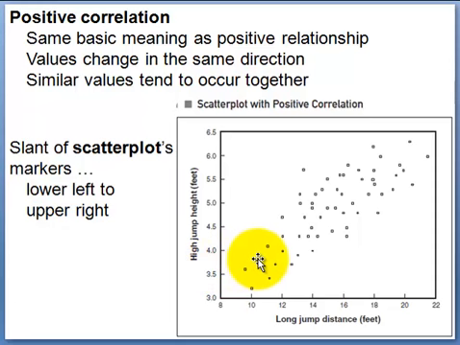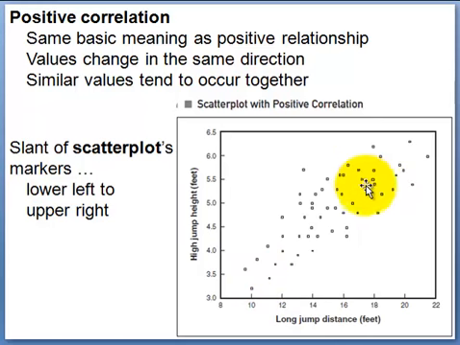So this particular person's long jump and high jump values are both low. And so the idea here is you see a congregation of dots in this lower left area of the scatter plot. So those are people who are low in both long jump and high jump. So similar values are going together, lows with lows.